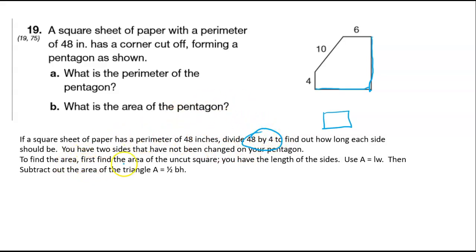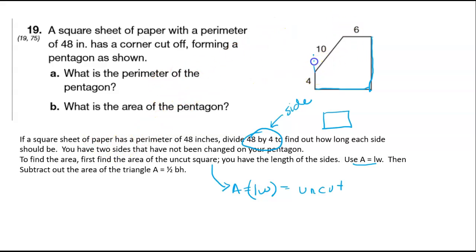To find the area, first find the area of the uncut square. So the area is length times width, or side times side. You'll be able to find the side by dividing. So you should be able to find this, your uncut area. Yep, use length times width. Okay, and then you subtract out the area of the triangle.